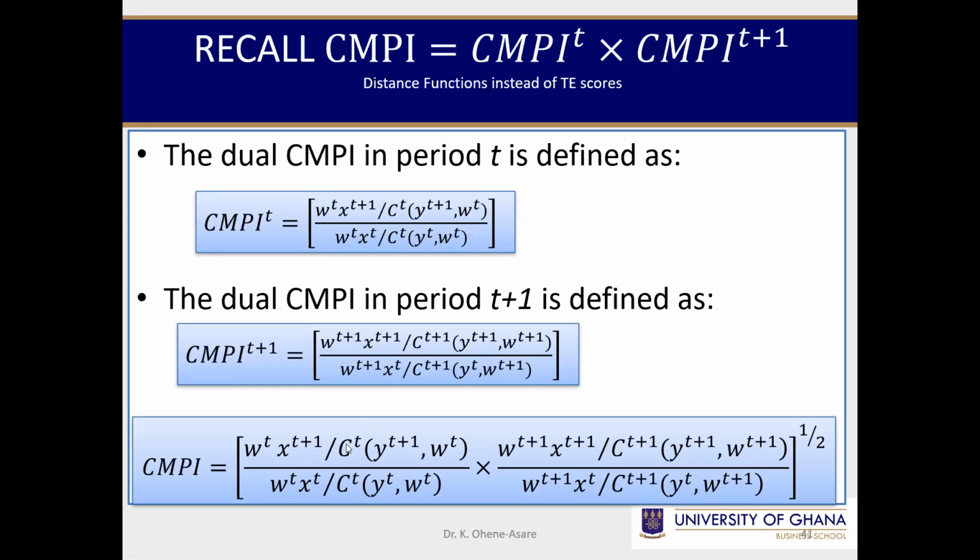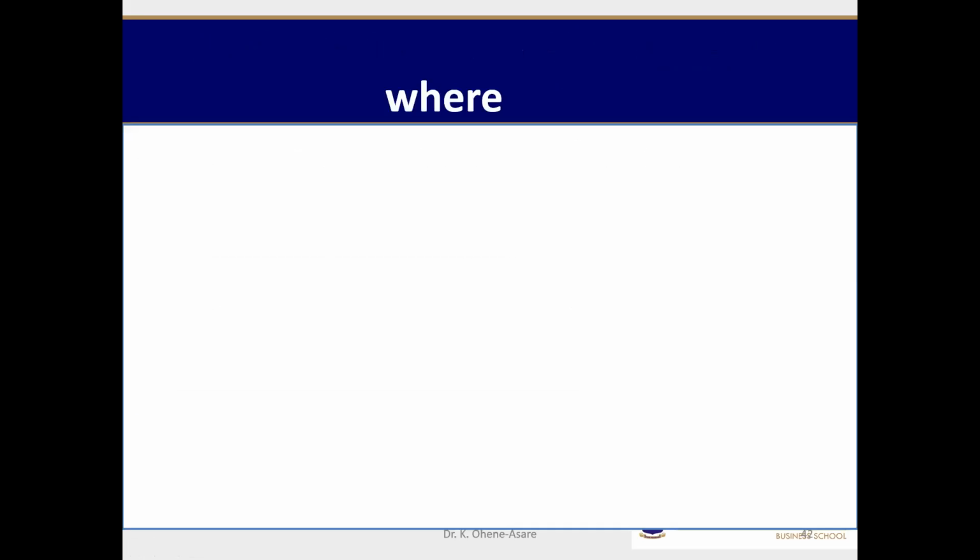What is important are the CT, one top, one down, and then the CT plus 1, one top, one down. Do you guys get it? Yes, Doc. They are the boundaries. Okay. With that in mind, that is how you are going to estimate the cost Malmquist Productivity Index.